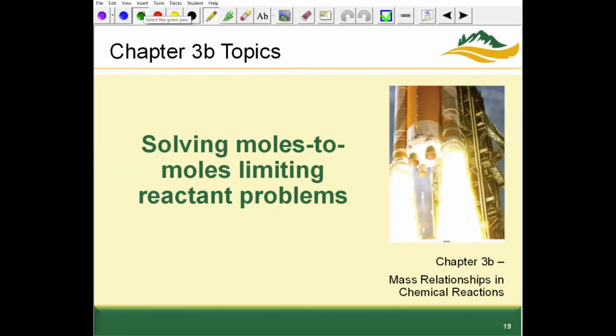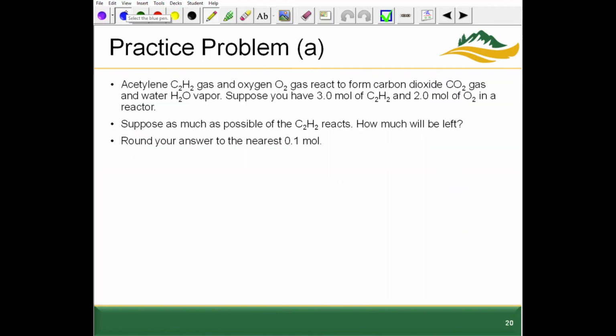Now, combining these techniques, we're going to solve for the moles to moles in these limiting reactant style problems. In this practice problem, we have C2H2, again, so acetylene with oxygen gas, react to form carbon dioxide and water vapor. Now we have 3.0 moles of C2H2 and 2.0 moles of O2.